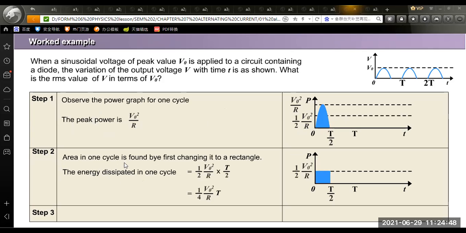The area in one cycle is found by first changing it to a rectangle.